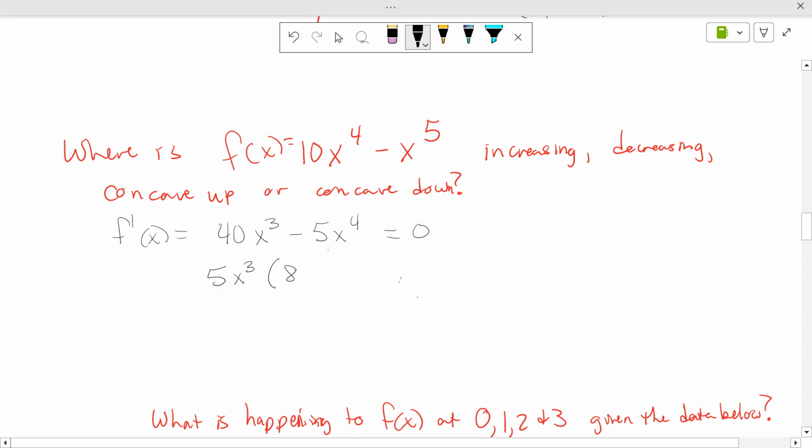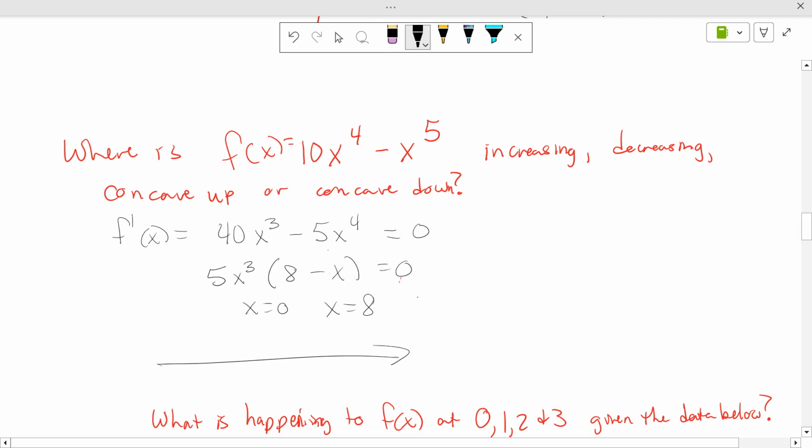We get 8 minus x. Thank you for setting me straight. So x equals 0, x equals 8.